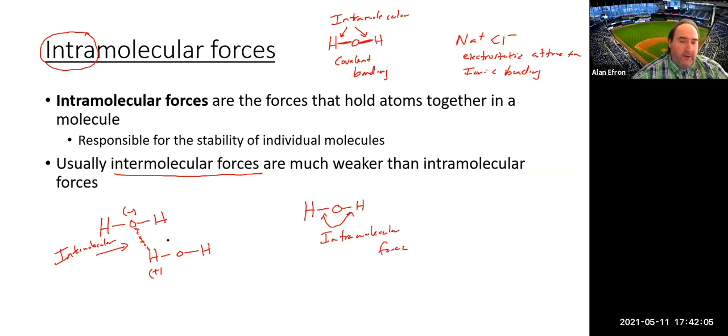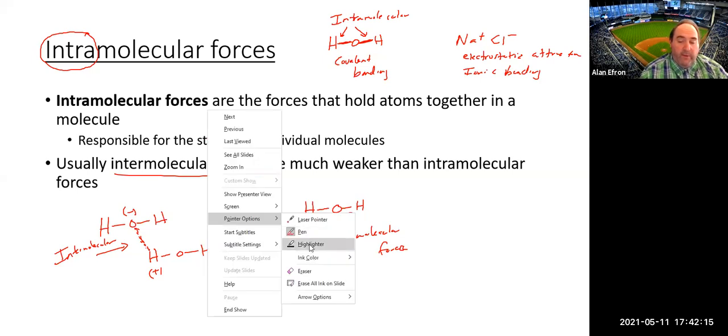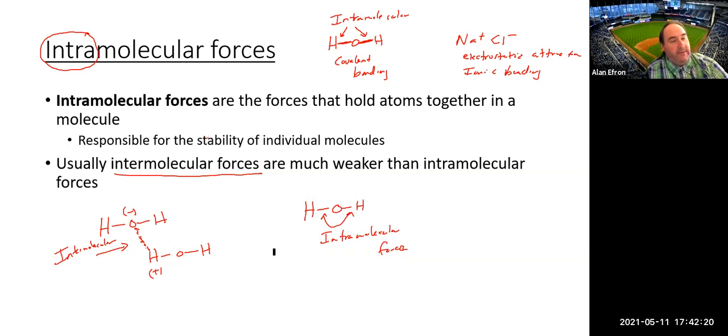So how do we know, with a realistic example, that the intermolecular force is weaker than the intramolecular force? Well, we've all probably heated water before. As we get to 100 degrees Celsius, the boiling point, we're transferring liquid water into gas, or steam.